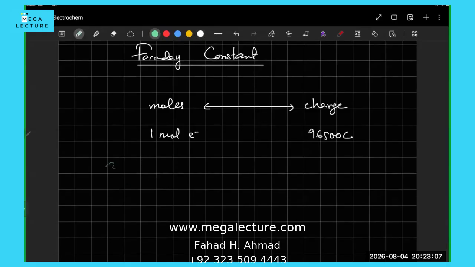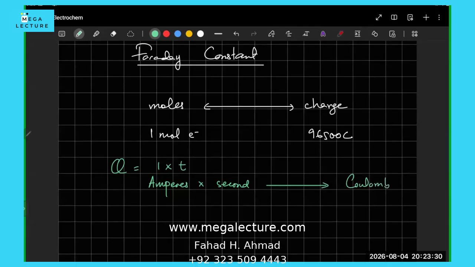There's a formula for calculating charge. That's a physics formula, current into time. So amperes times seconds is basically equal to the coulombs, the charge that's flowing.